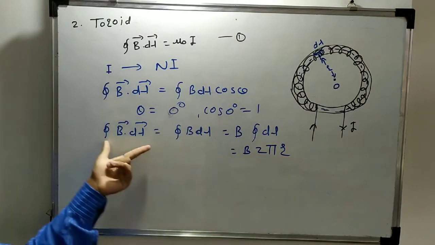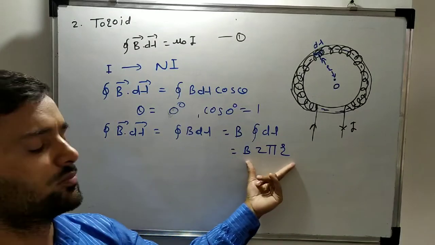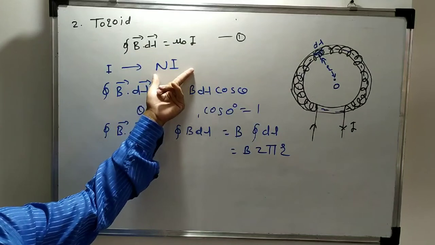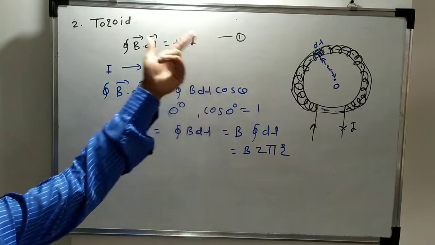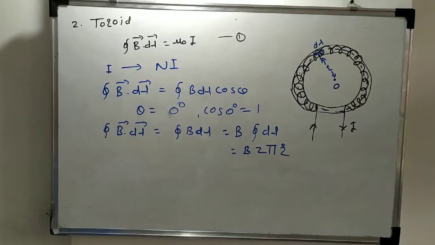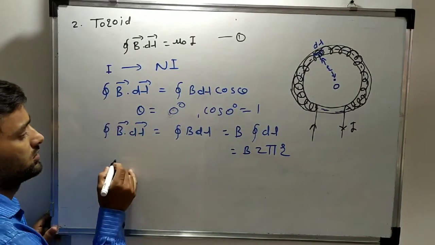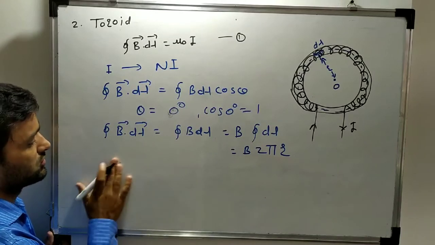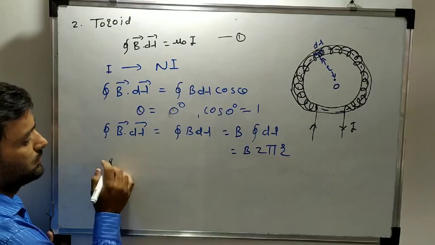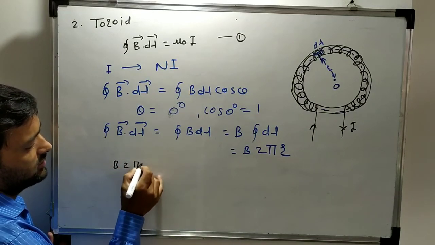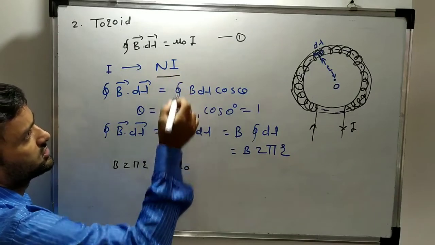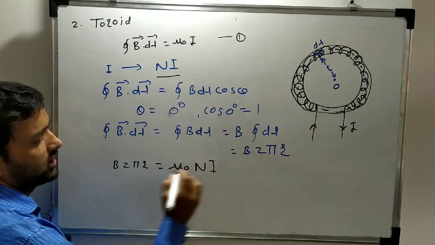So put the value of line integral of B dl as B into 2 pi R in our equation 1, and also put the value of I as Ni. Equation 1 becomes, how can we write equation 1? Instead of line integral of B dl, we should write B into 2 pi R is equal to, on the right side, mu naught, and instead of I we should write Ni.